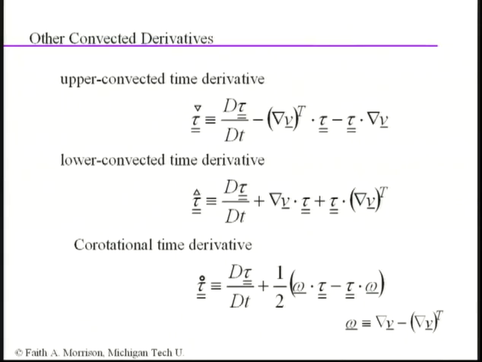Look at the differences. There's a sign change here and a sign change here, and difference between del V or del V transpose, etc. And this is another replacement for the time derivative. It gives different predictions. And then here's a third. This one's called the co-rotational. This is related to a coordinate system that's rotating at the local angular velocity.